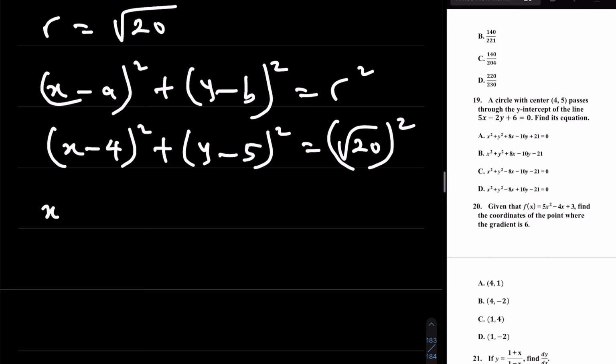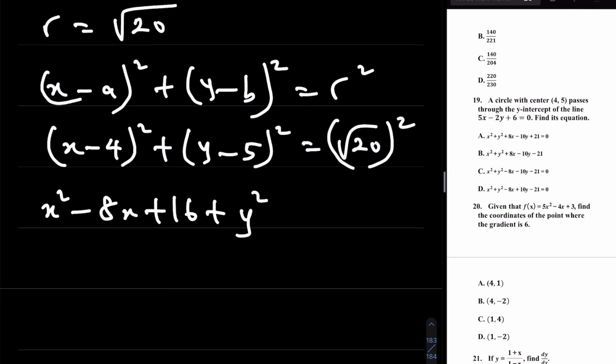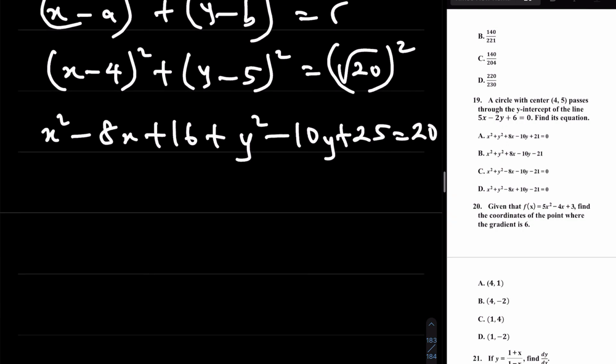That simply means x squared minus 8x plus 16, expanding the square of x minus 4, plus y squared minus 10y plus 25 equals 20.